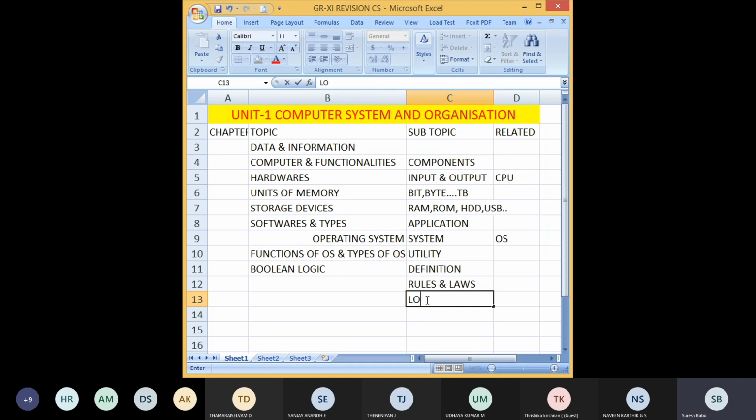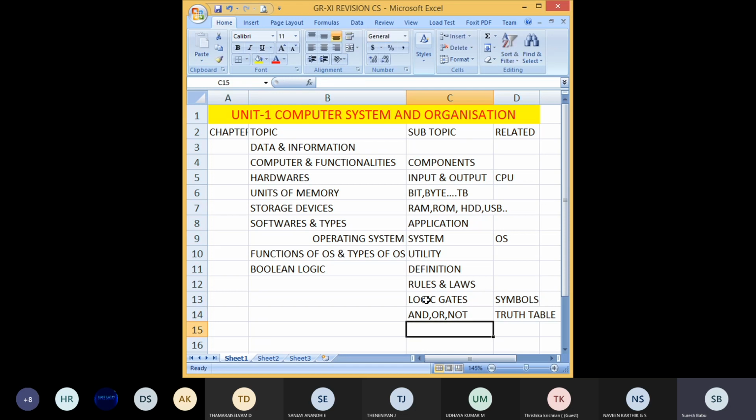First you should know about logic gates. Every logic gate has a symbol and a truth table. So what logic gates are available? The fundamental logic gates are AND, OR, NOT.